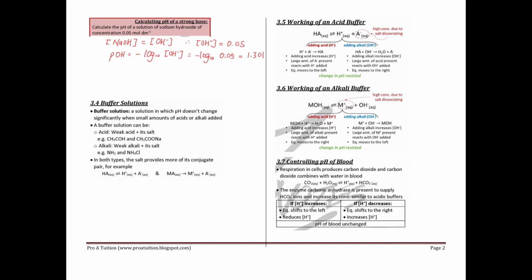When you get pOH, then you use the formula 14 equal to pH plus pOH. And after that, you will get 14 equal to pH plus 1.301. So you get pH equal to 12.7.